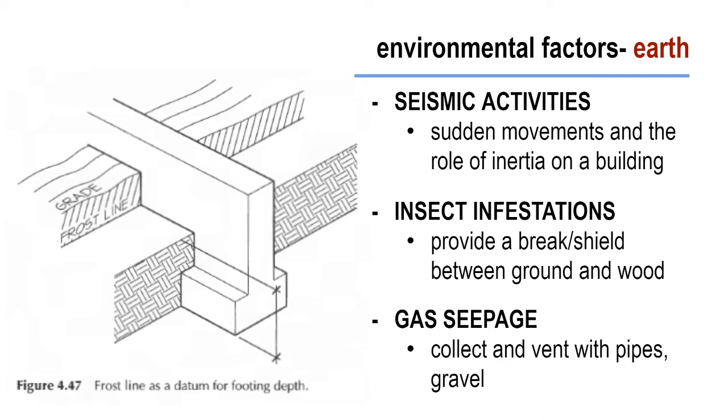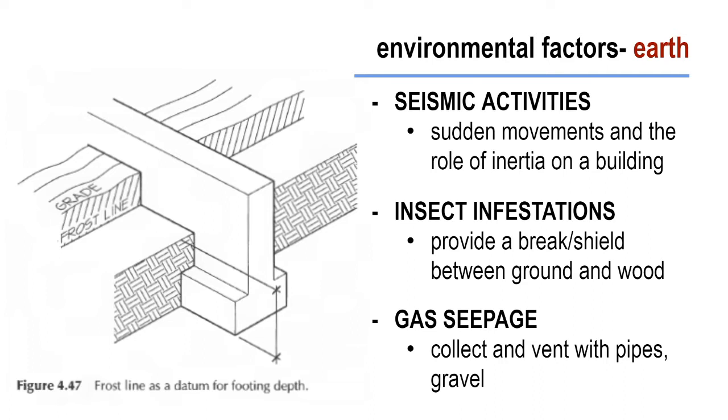But for our other factors, like I said, we have sudden movements within the ground that might cause our foundation to shift, and if our foundation shifts, then our building could get compromised structurally. We have insects that are also potentially going to eat through our materials. With foundations, we'll see rigid foam a lot as insulation around them, and bugs love that.